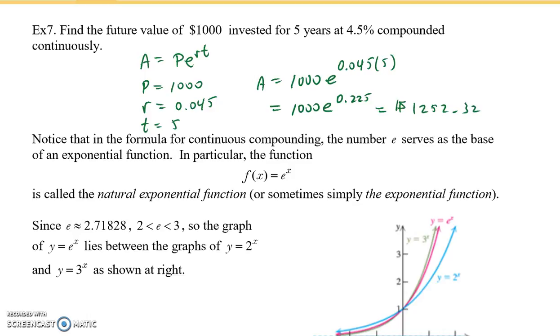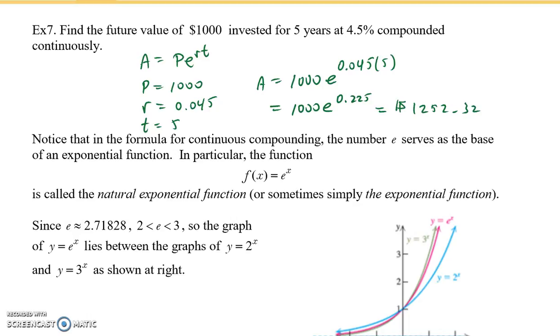We did a problem previous to this. It was in example 6, $1,000 invested for 5 years at 4.5% compounded quarterly. And the amount we obtained, if you look back, was $1,250.75. So not even a $2 difference between compounding just 4 times a year and compounding continuously.